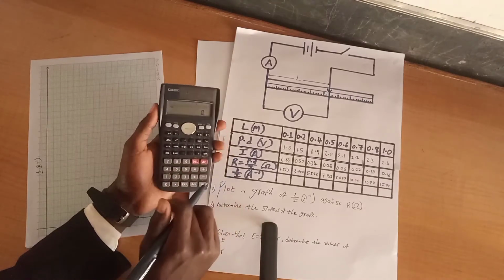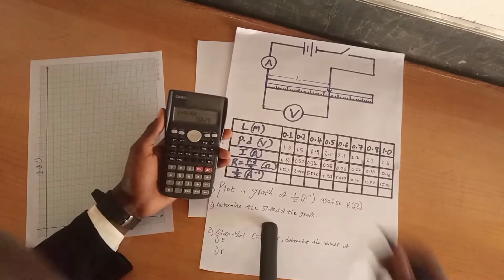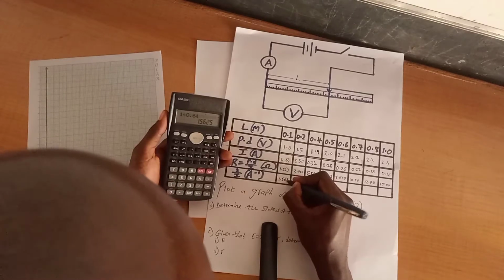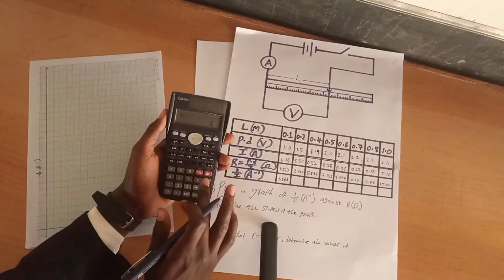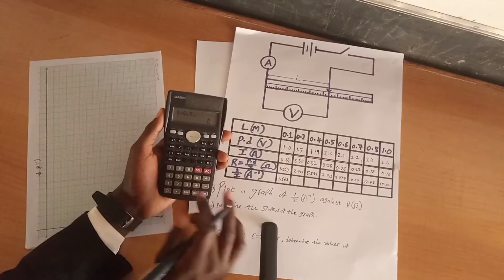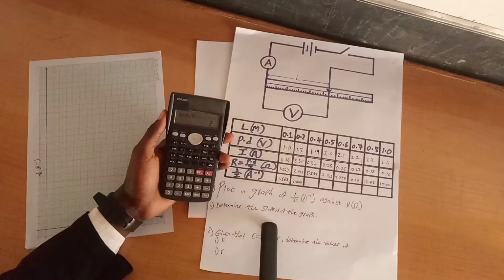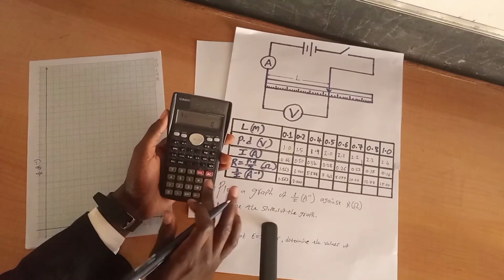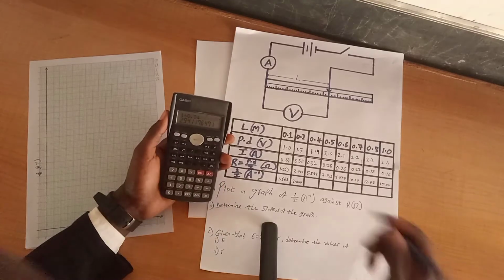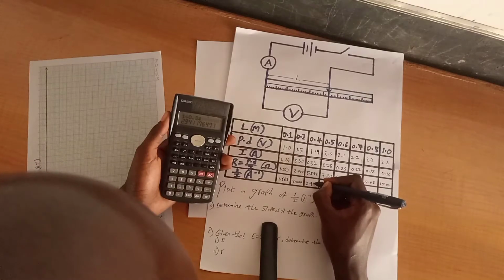Then the reciprocal of current. 1 divided by 0.64 is 1.563. 1 divided by 0.5 is 2.000.